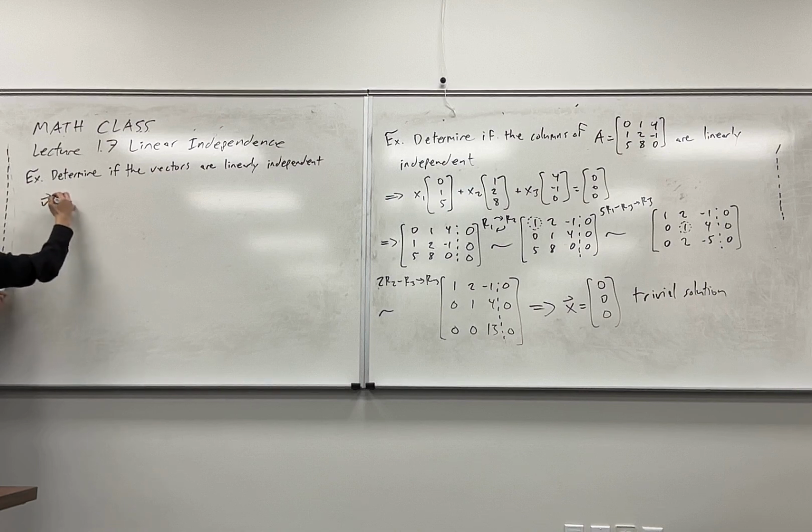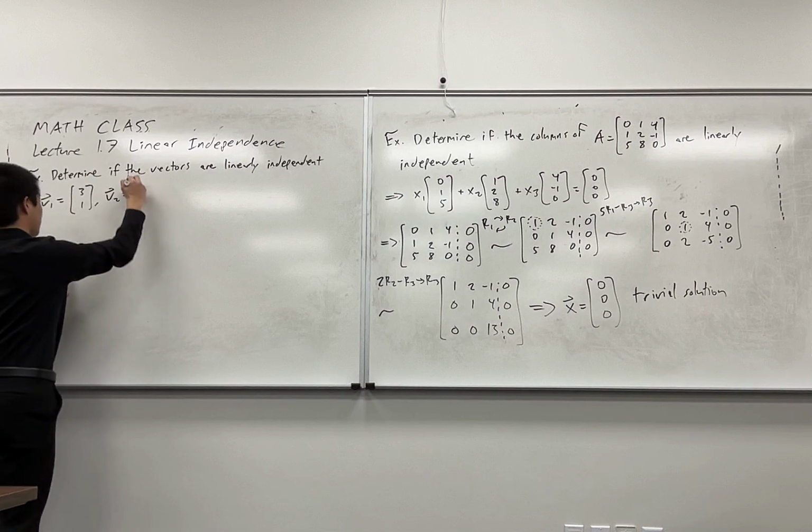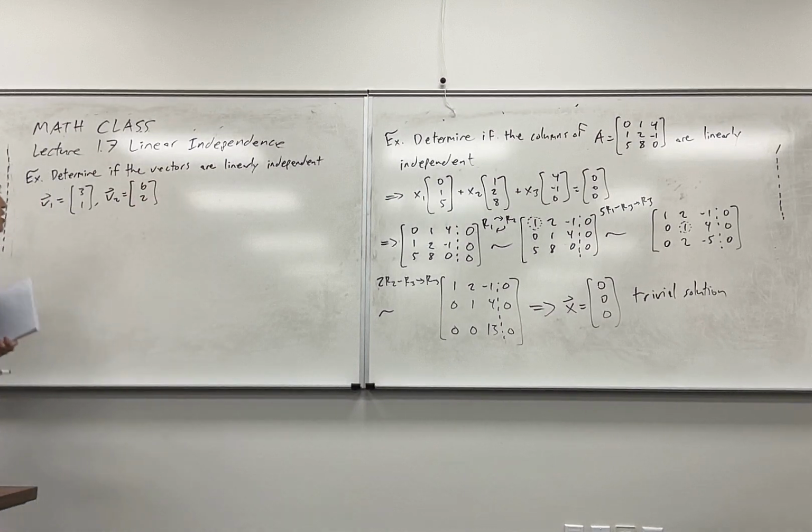So let's test this out. Let's do V1 equal to (3, 1), and V2 equal to (6, 2). Now, I'm not going to go through an entire matrix and find the solution set and all that. Here's a really, really fast way to tell.